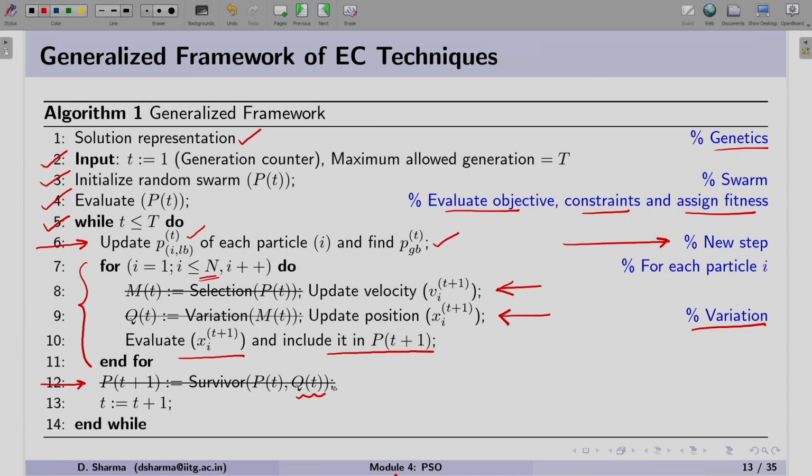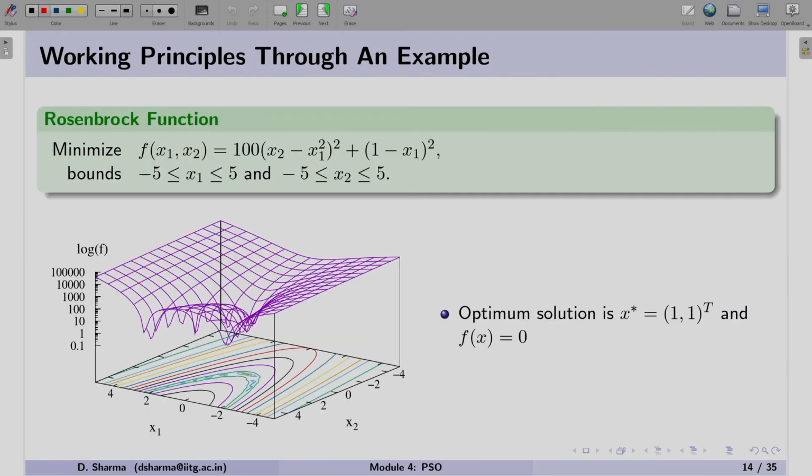Every time we update the position of the particle by keeping its local best and finding the velocity with respect to the local best, global best and the previous velocity. So, if we make these small changes to our generalized framework, we can fit PSO into this framework of EC techniques. Let us understand the working principle of PSO with an example.